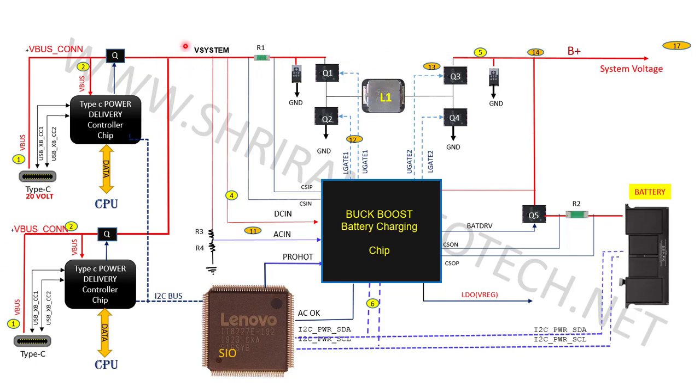Okay, so the voltage is coming either from this side or from this side. So here is the buck boost converter chip. Here are the two MOSFETs. When the voltage is coming from this side, these two MOSFETs start switching, and the voltage passes to this L1 coil, and then this Q3 will pass the voltage and come across this capacitor.